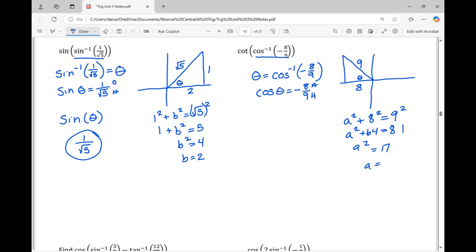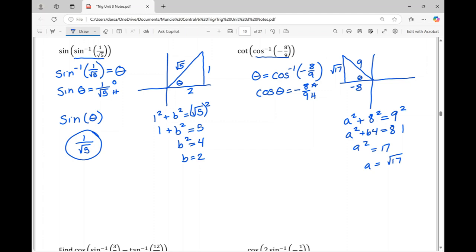So a is the square root of 17. So we can put that on this side of the triangle. Now, remember, if we're not in quadrant 1, we have to watch our pluses and minuses. Since we have to move left on the x-axis, this 8 will be a negative 8. But since we are going up on the y-axis, the square root of 17 will be positive.